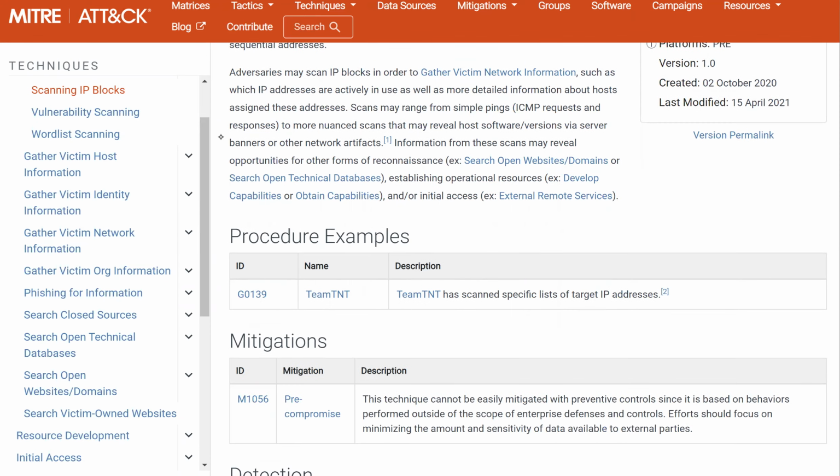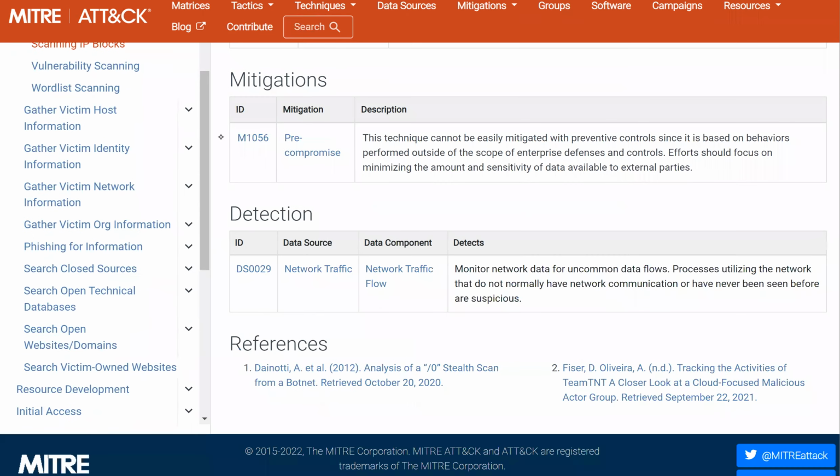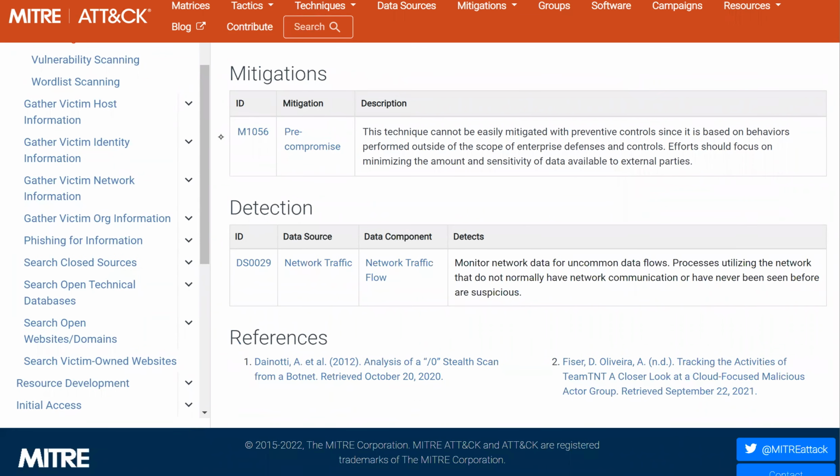So that's saying, if you want to look at that, you can look at Team TNT. They're known for that specific procedure. Team TNT are specific threat actors who are scanning IP blocks, and this is how they do it. Mitigation techniques, you can read about the mitigation techniques. It says this mitigation cannot be easily mitigated with a preventative control, since it is based on behaviors performed outside of the scope of the enterprise defense and controls.